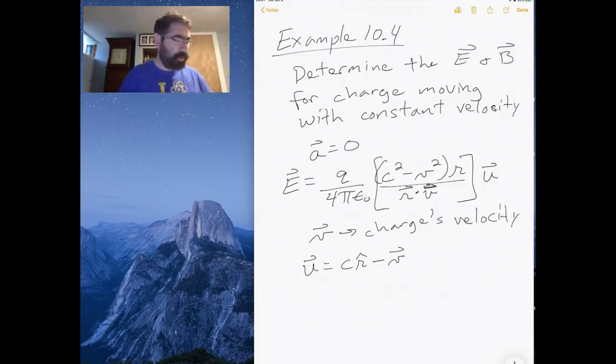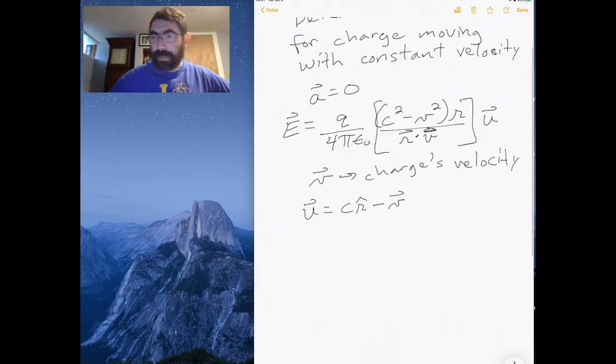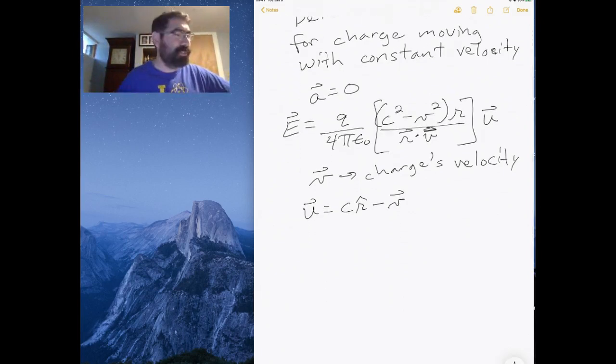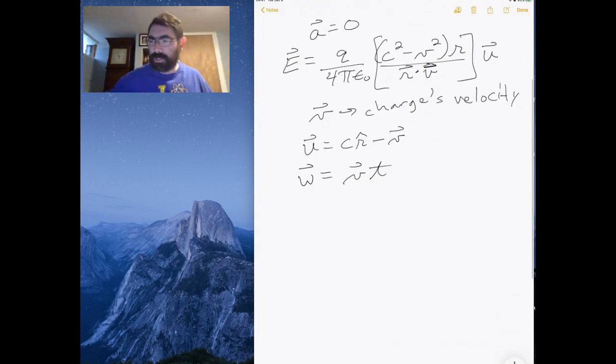Okay, so can we do anything further with this? Well, that's pretty much the answer for the electric field. But what we can find is that if we now look at the distance w, that w is, in previous chapters we always called that r prime, but w is the distance from the origin to the charge.